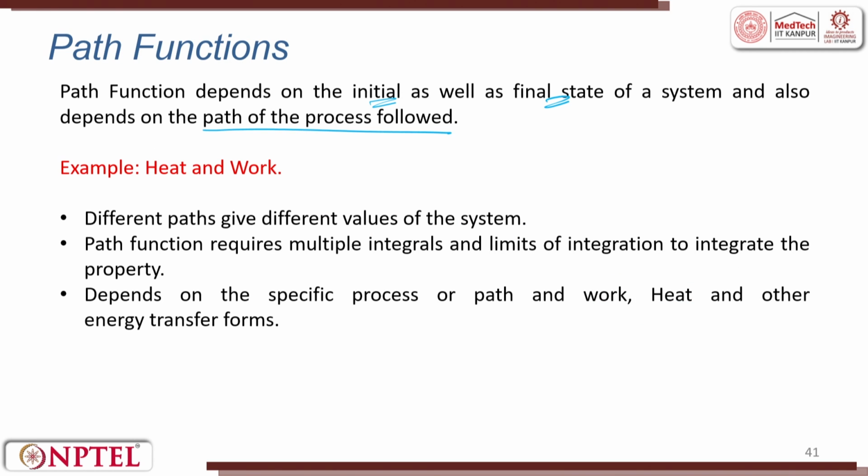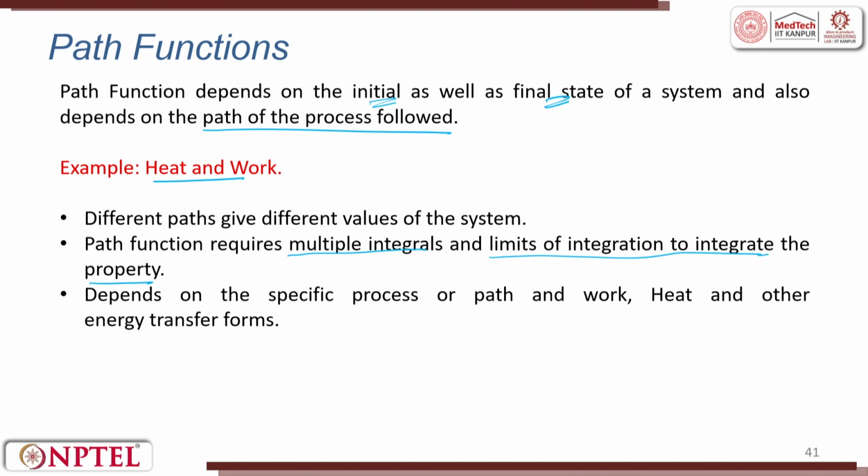Now, path function. What is an example? Examples are heat and work. Different paths give different values for the system. Here I have written very clearly, it depends on the path of the process followed. A path function requires multiple integrals and limits of integration to integrate the property.